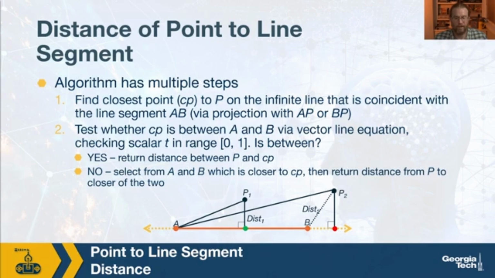We'll call that CP for closest point. We'd create the vector CP to P1, and the magnitude of that would be our length. But if our projection, that CP, ends up being on the outside of A or B, then we would pick either A or B. If you're on the outside of B, you would pick B, and if you're outside of A, you would pick A, because that is the closest point on the line segment to measure the distance from.